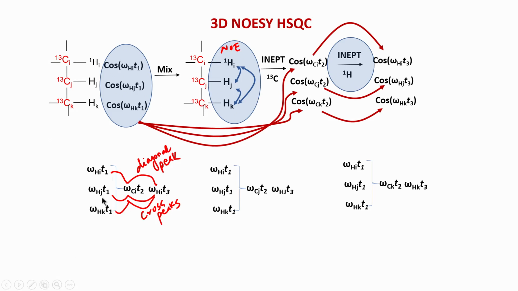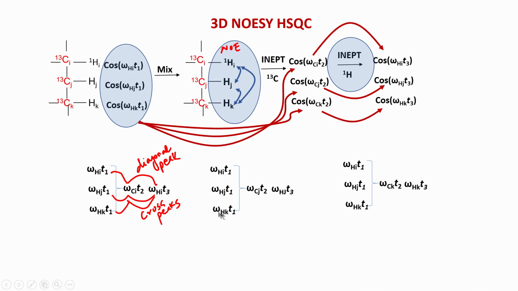But cross peaks carry information of the distance, because the intensity there will now depend on the distance between Hi and Hj. For this case it will depend on the distance between Hi and Hk. So, you see the cross peaks are important and not the diagonal peak, but we cannot help it, the diagonal peak will always be present because the transfer does not take place 100%, 90% to 95% is retained on the same atom.